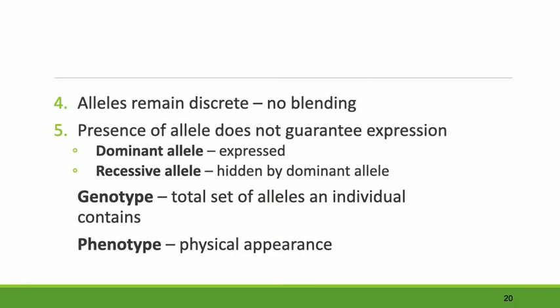That fourth point was that alleles remain discrete and they did not blend. There was nothing light purple or purple and white stripes or blotches or polka dots or anything like that. They remained totally discrete, unblended. The presence of an allele does not guarantee expression. Remember that F1 generation, they were all purple, but they did contain in them information for how to make whiteness, and that ended up popping up in the future generations, right?